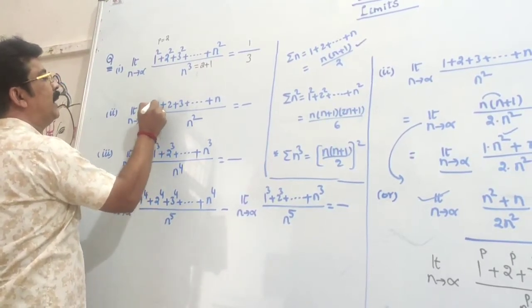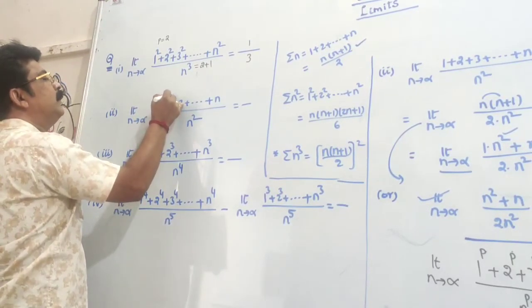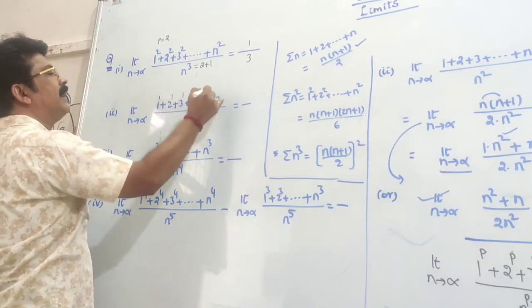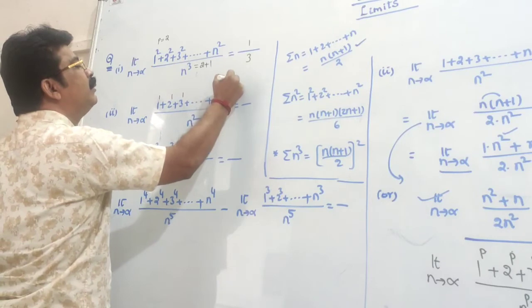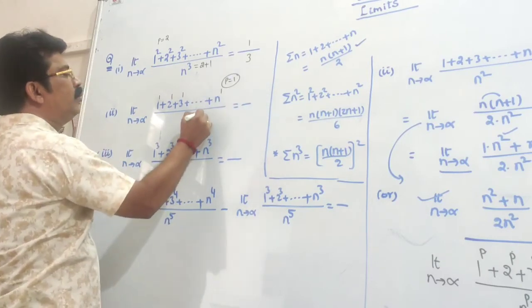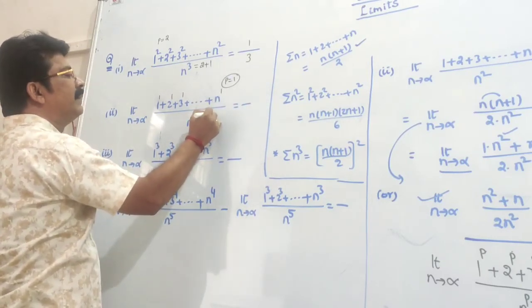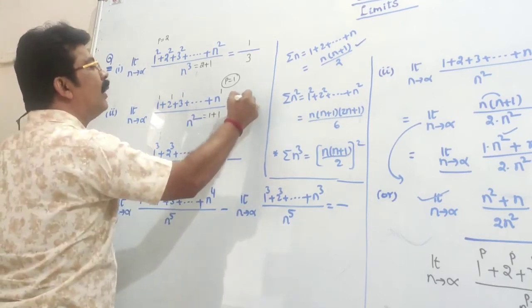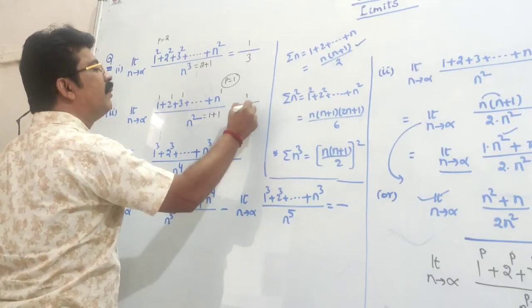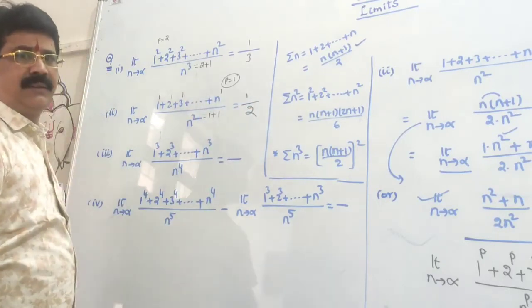Next, you come to the second. It is what? 1 power 1, 2 power 1, 3 power 1, n power 1, means p is equal to 1 here. 2 means what? p plus 1, where p is equal to 1. So the answer is 1 divided by p plus 1. Finish. This is the shortcut.